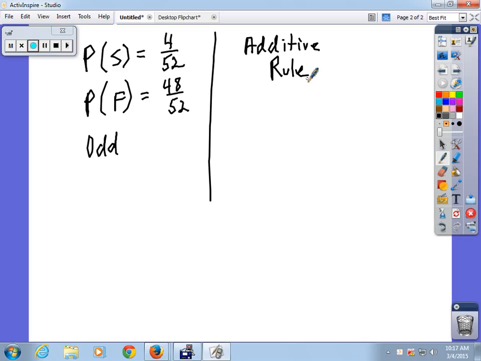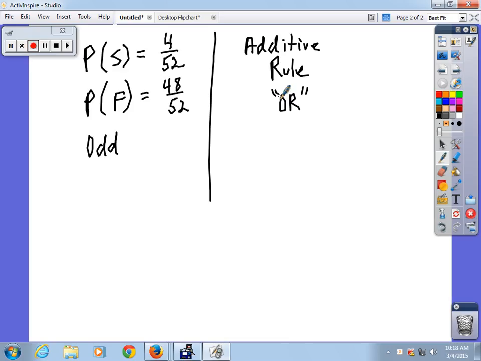The additive rule of probability is when we see the word or. What is the probability of picking a blue marble or a red marble?